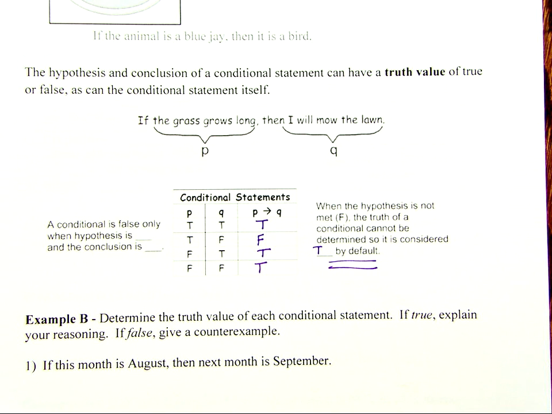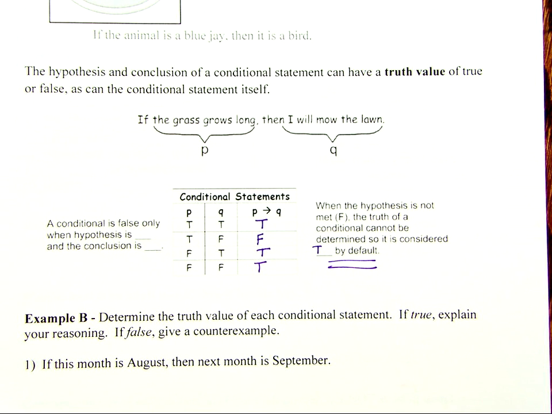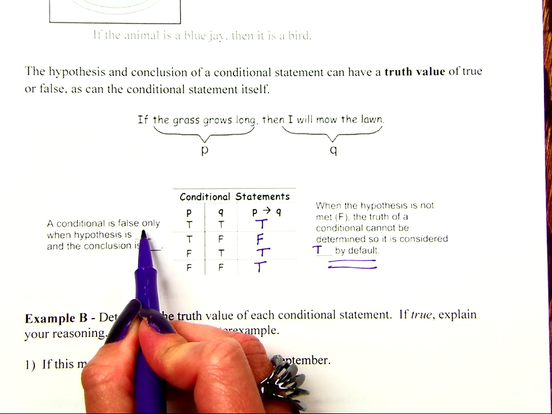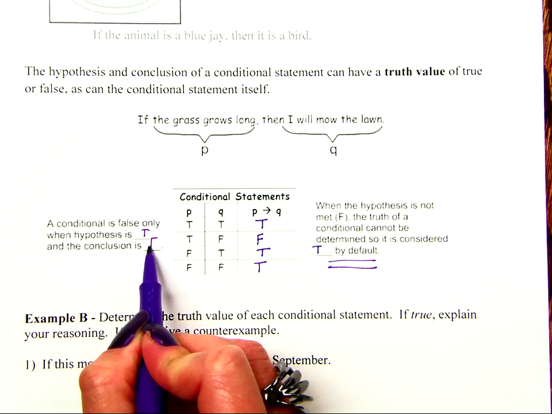When does that happen? It's when your hypothesis is silly and doesn't make a lot of sense. That's when your statement is true by default, and we'll take a look at one of those. On the left-hand side here, it says that a conditional is false only when the hypothesis is true and the conclusion is false.